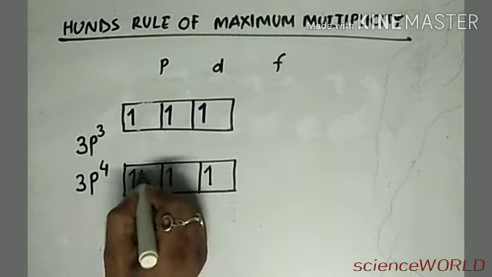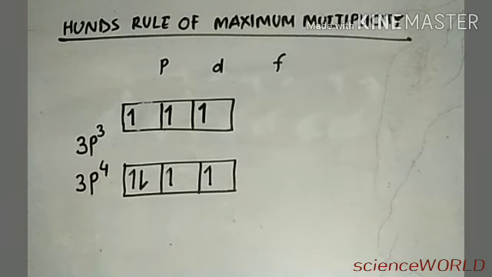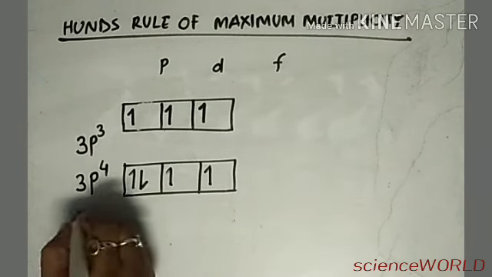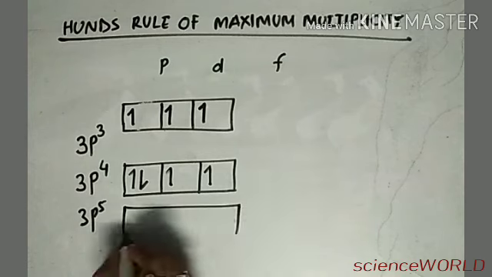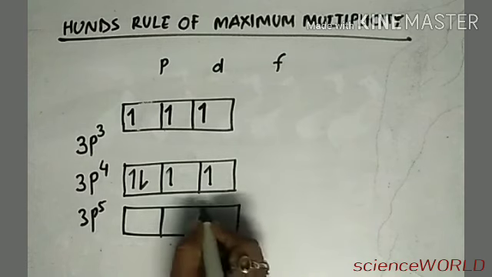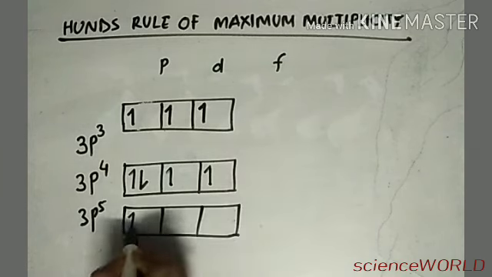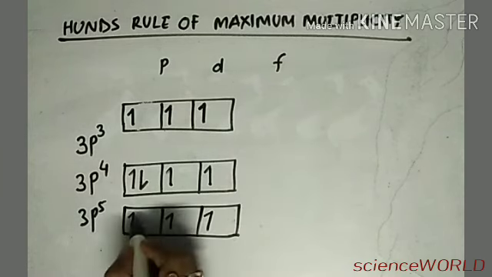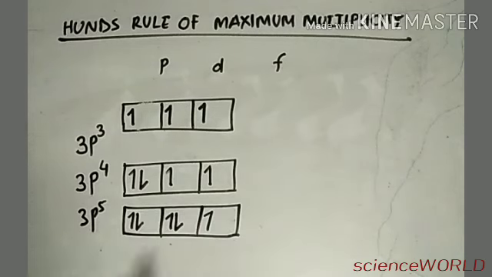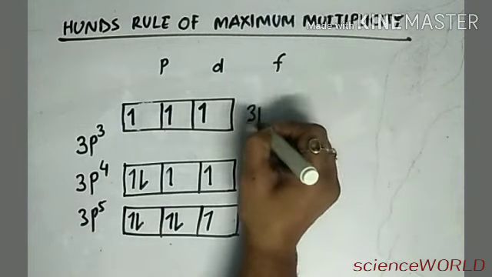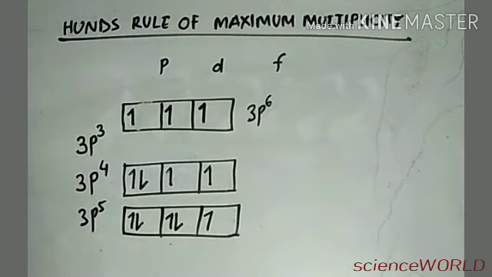Pairing like this. If we consider 3p5, it will be filled like this: 1, 2, 3, 4, and the 5th electron comes in the next one like this. And finally we have 3p6, suppose, right?